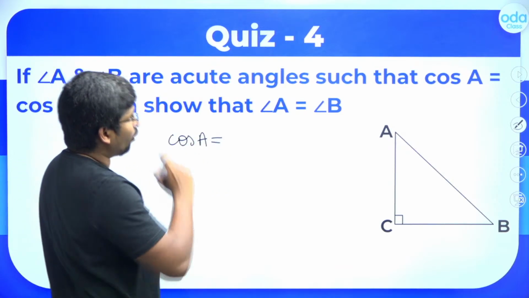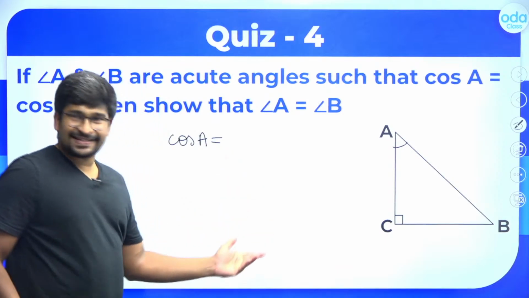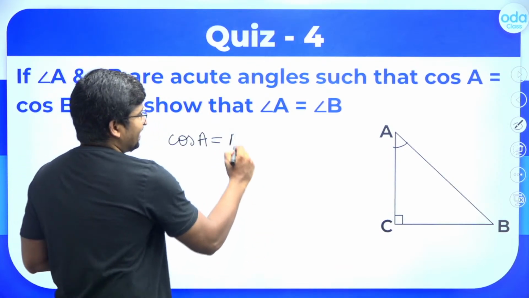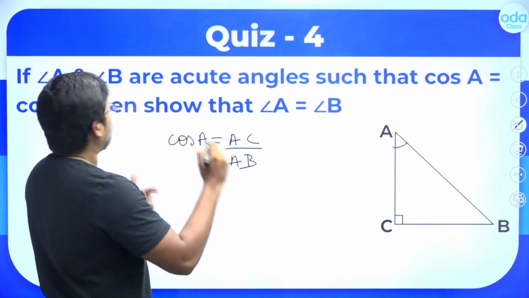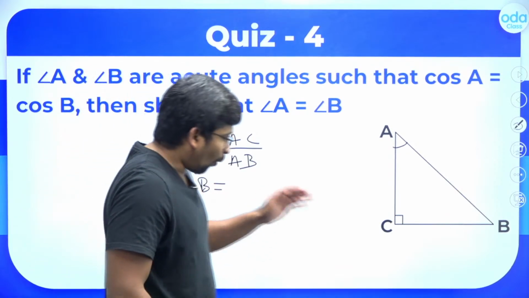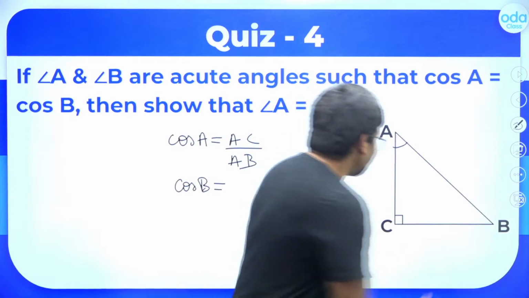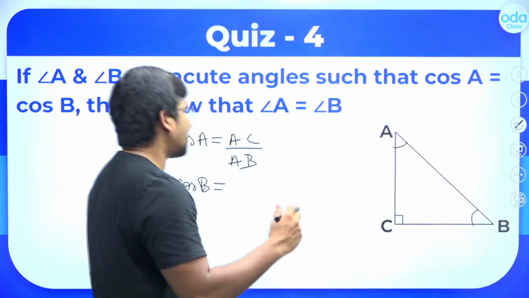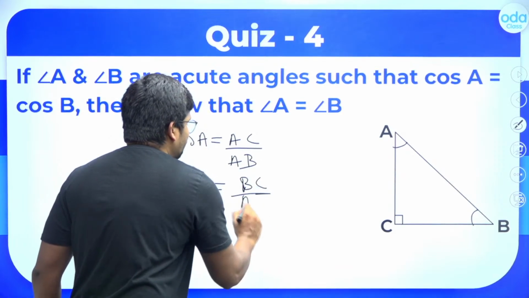Cos A will be equal to adjacent side, that is AC, divided by hypotenuse, which is AB. Correct? And what is cos B? Cos B is, again, for this angle, adjacent side by hypotenuse. What is adjacent side? BC divided by hypotenuse, that is AB.